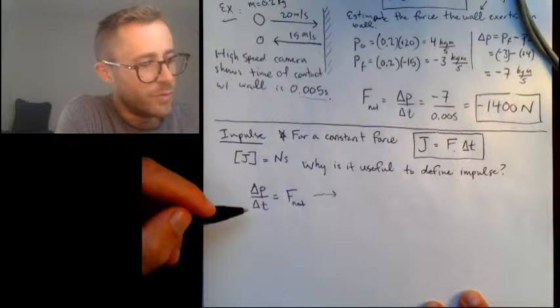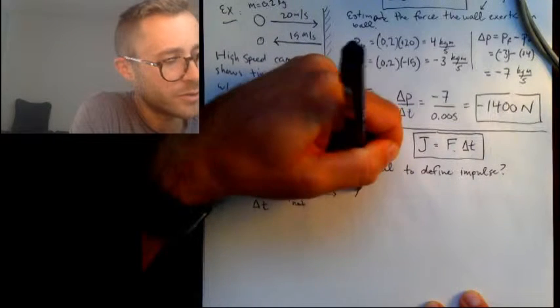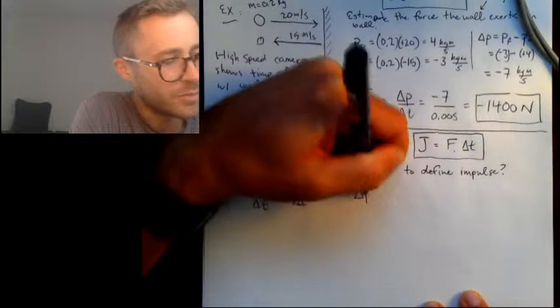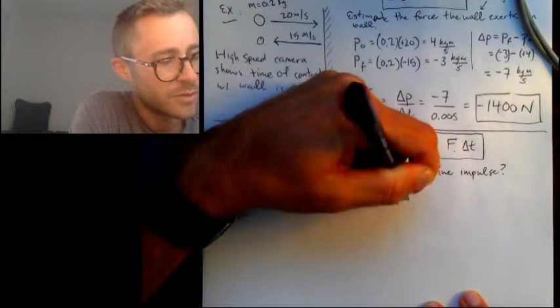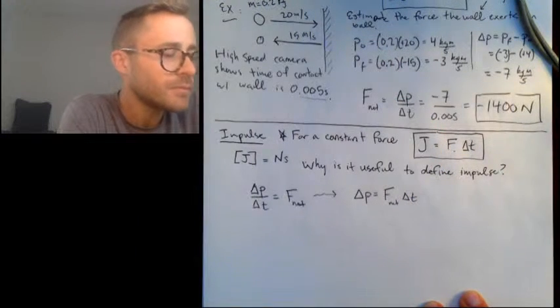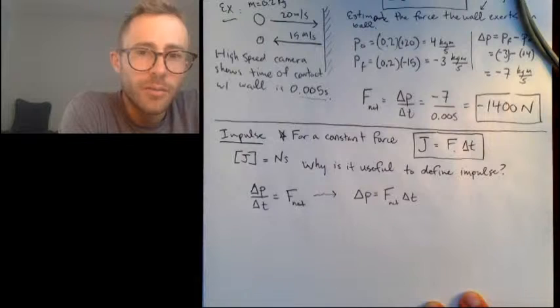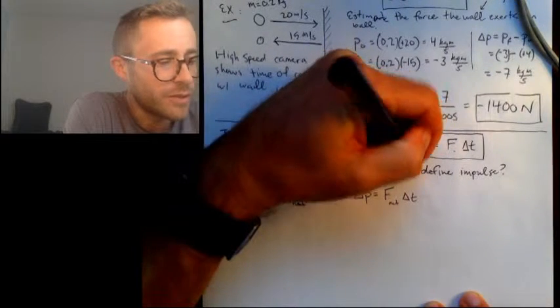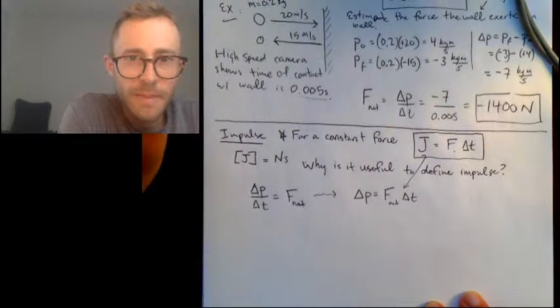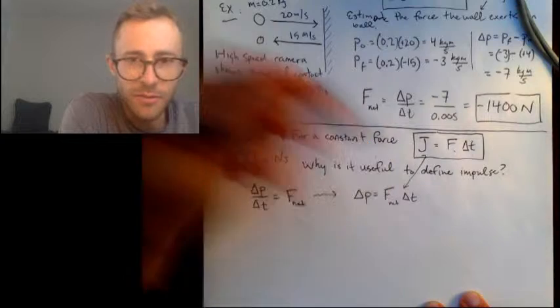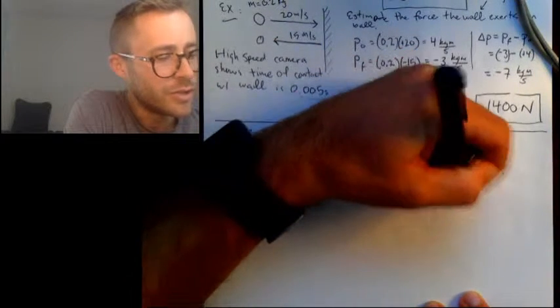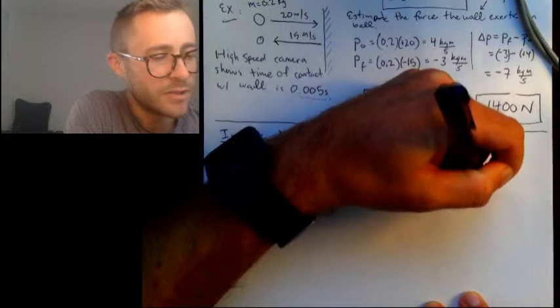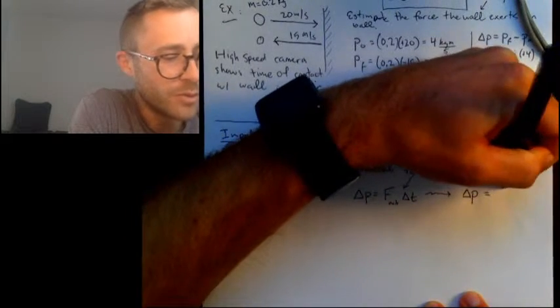That would move delta t to the other side of the equation, so I have delta p equals net force times delta t. All right, but then if I compare this to the definition of impulse, I can see that that is the definition of impulse. All right, so the change in momentum is equal to the impulse.